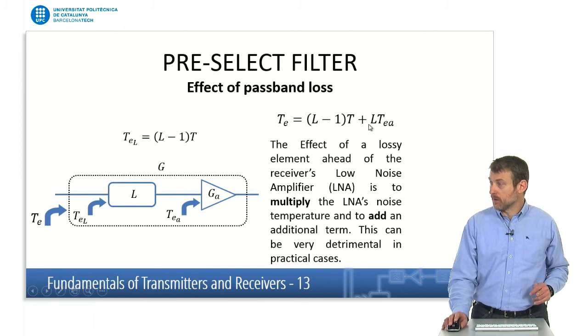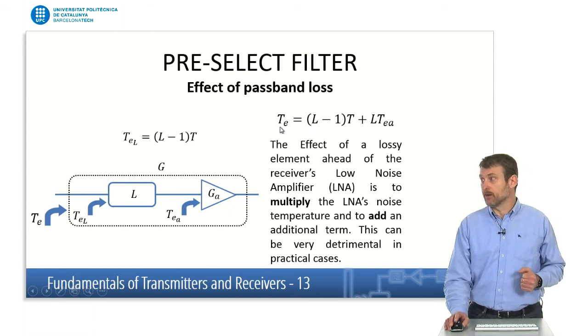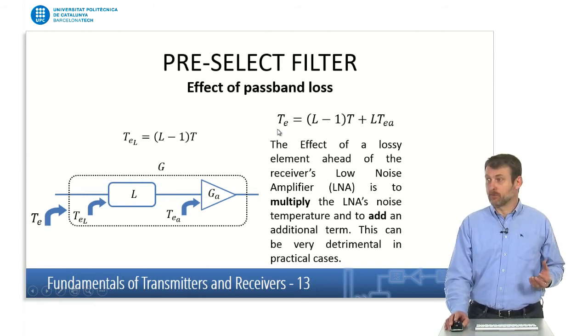To refer this to the input, we would have to multiply the equivalent noise temperature of the amplifier by L, right? And this is the resulting equation that gives the equivalent noise temperature of the attenuator plus LNA. And for the case that I've shown before, this attenuator is placed here to take into account the insertion loss of the preselect filter in the passband, right?